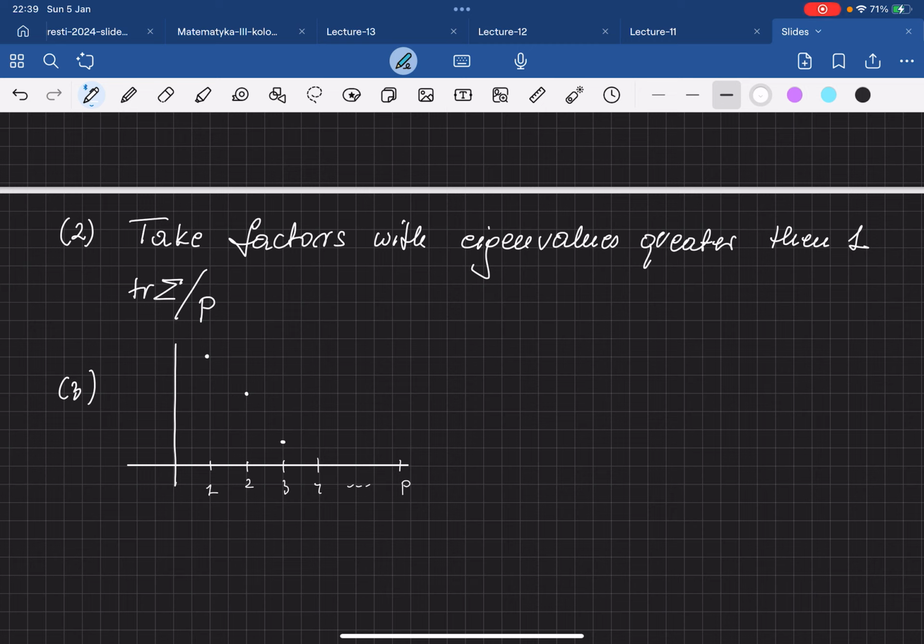And sometimes it happens that we have a so-called elbow in the plot. We go down, down, and then again down, but not so fast. So this is this elbow in the plot. And the rule says that we take all the factors before the elbow. So in this case, 3.